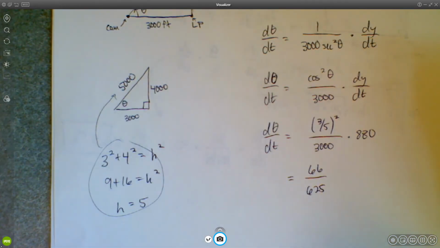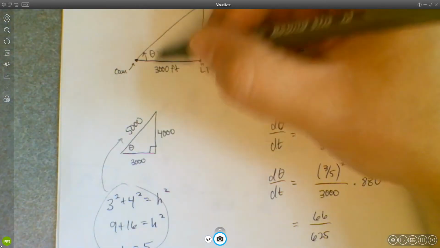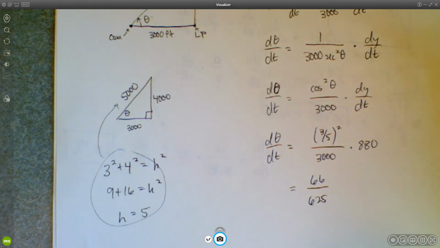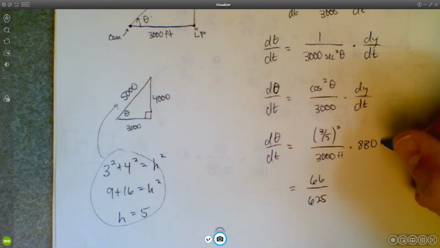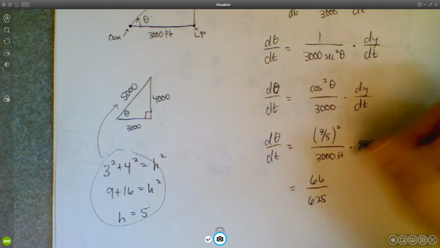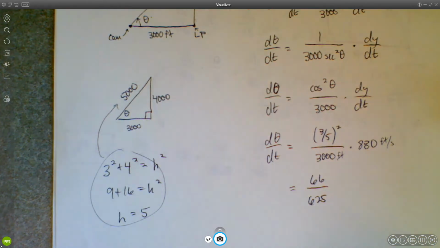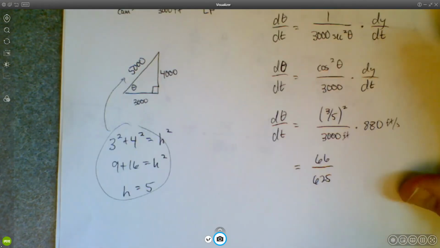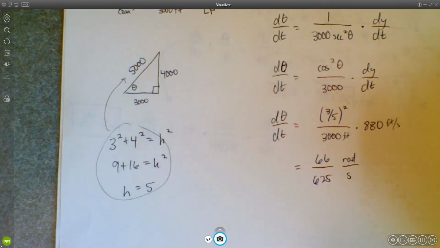This should be radians per second, right? Because it's how fast the angle's changing. Because here we had 3,000 feet, here we had 880 feet per second. The feet cancel, that just leaves a number per second, or in other words, radians per second. So this is radians per second.